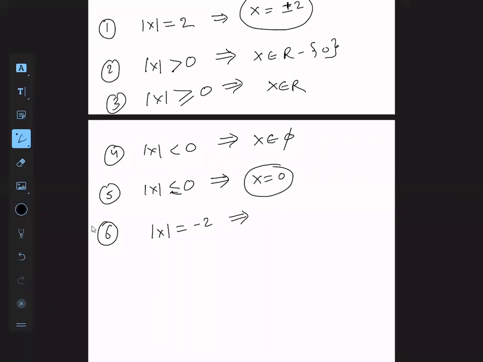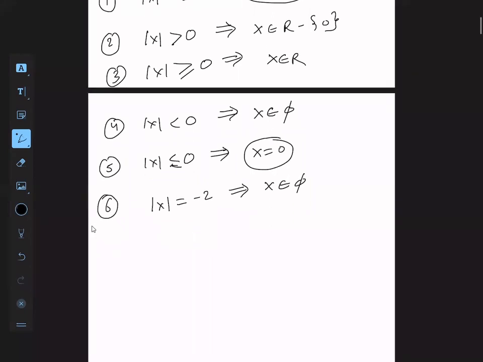Yes, modulus by definition is non-negative, so it cannot be minus 2. So there is no solution. Modulus of none of the expressions is negative. Modulus is always a non-negative value. So it cannot be minus 2.